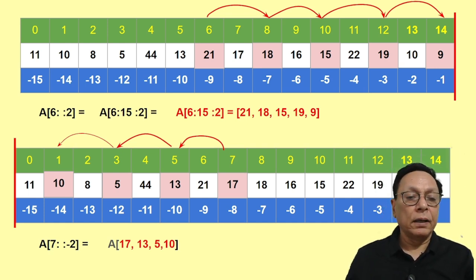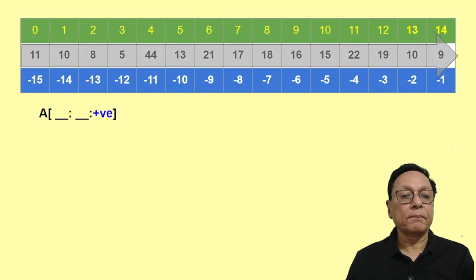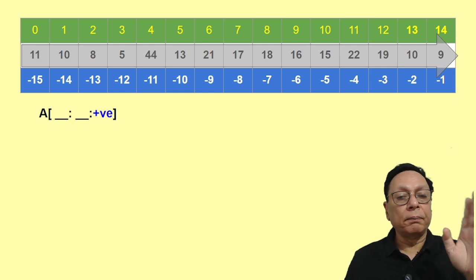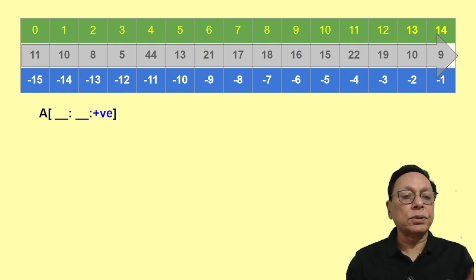Okay. Now the next example is: when there is no start, there is no end, and the step is positive, means plus 1, it means you are moving left to right and traversing the whole list.